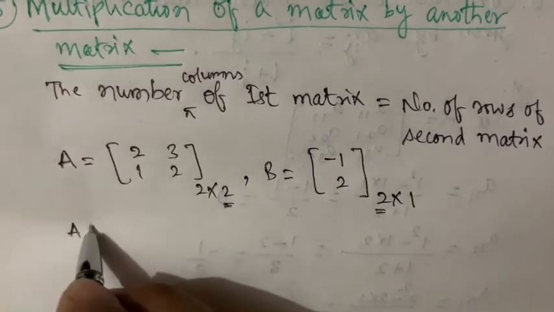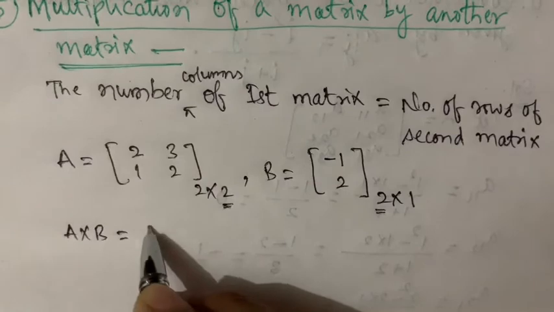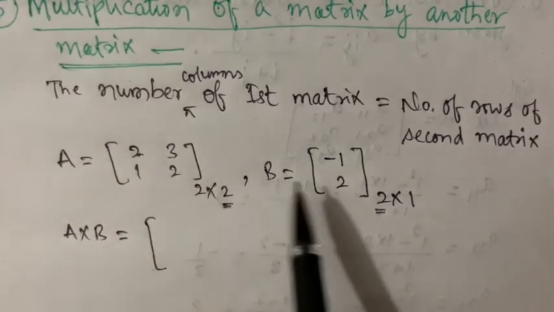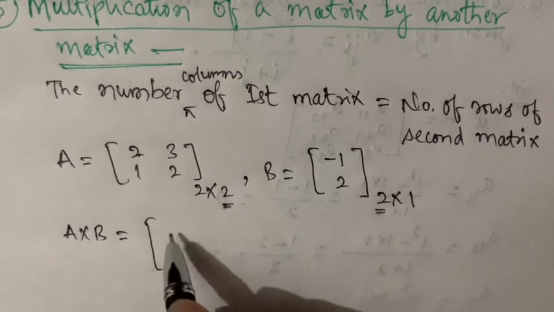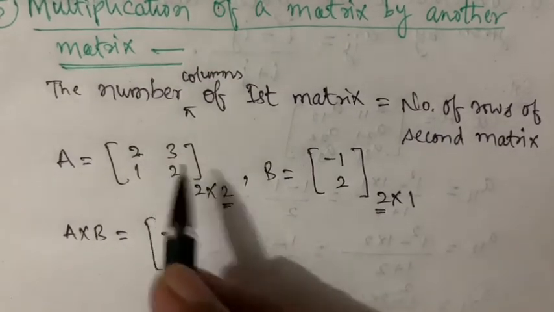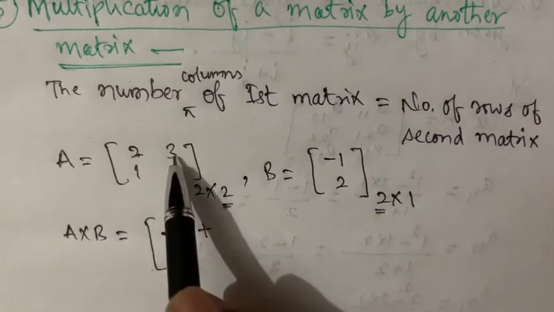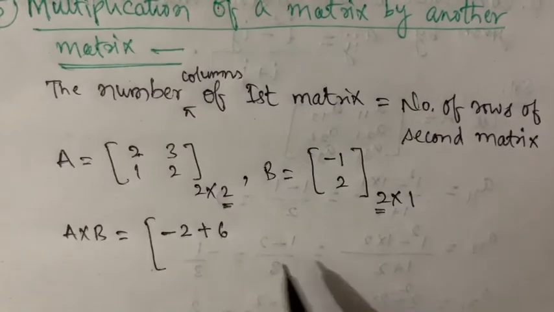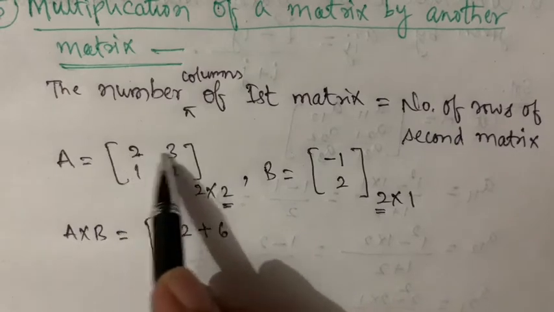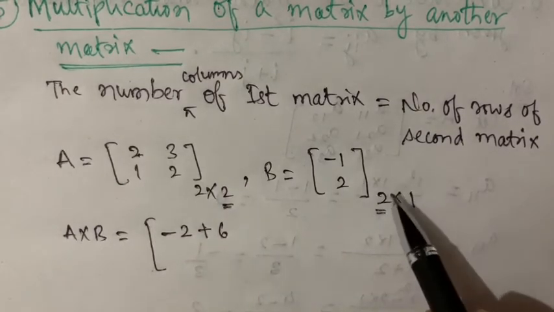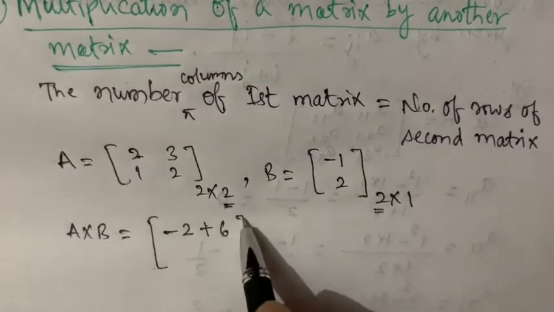To get A into B, what we do is, 2 gets multiplied with -1 first to give us -2. Then we put plus, it comes by default there. Then 3 into 2 will give us 6. Now we have finished this row, but there is no other column here, so we will stop there.